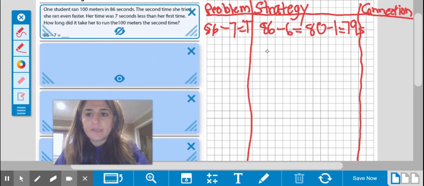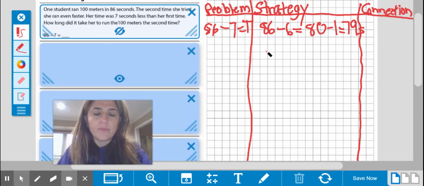Let's go back to this problem for a second. Some of you might be used to the open number line where you start with 86 on the number line at the end and then hop back 7. So 1, 2, 3, 4, 5, 6, 7.